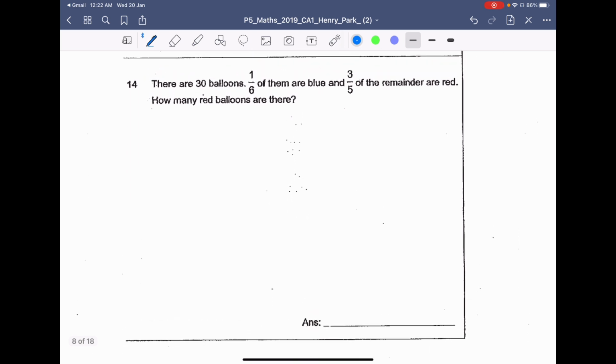There are 30 balloons, 1/6 of them are blue and 3/5 of the remainder are red. So for this you draw a model. The total is 30.